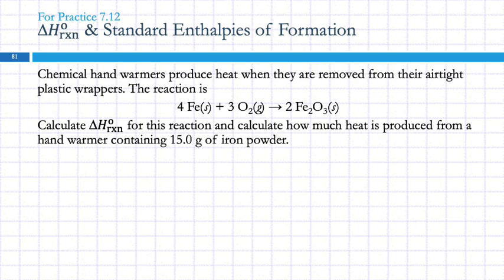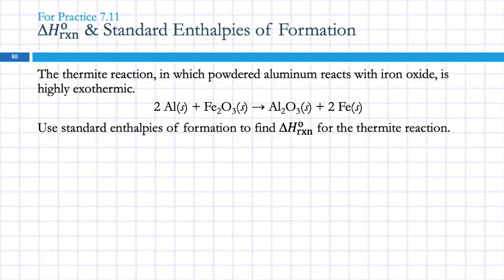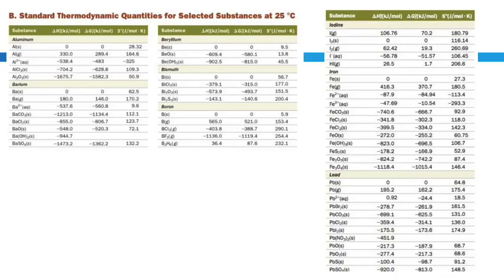It says calculate the heat of reaction for this reaction and calculate how much heat is produced from a hand warmer containing 15 grams of iron powder. Well, before I start writing over here, we're going to need the heat of formation of the Fe2O3, which, ideally I would remember since we just did that one, but I don't. 824.2.